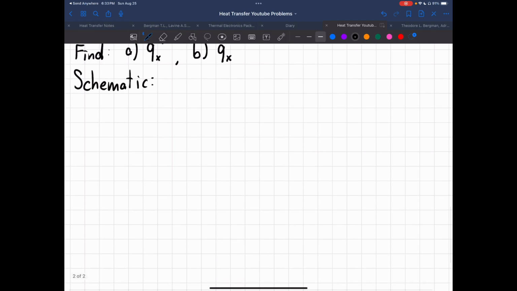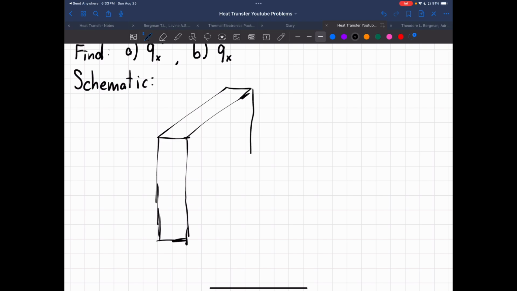So I am going to attempt to draw here a sheet, and it is going in 3D space, like so. We have T1 on one side and T2 on another side. And then we know k, and we can figure out the area. I'm jumping ahead a little bit, but because we know the dimensions of the sheet, we can eventually figure out the area, and we're going to need that.